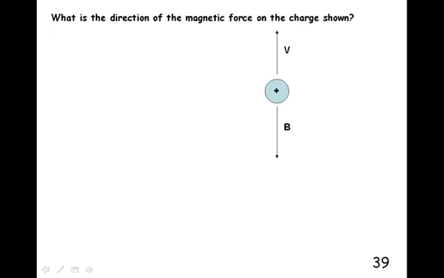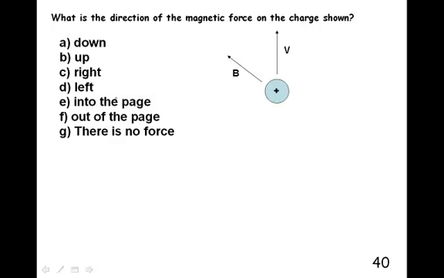How about this one? This is a tricky one. What's the direction of the magnetic force on the charge shown? Put your thumb in the direction of the velocity. Put your fingers in the direction of the magnetic field. Oh, that is hard. But the thing here is we see that the velocity is either in the same direction as B, or in the opposite direction of B, so there's no force in that particular case.